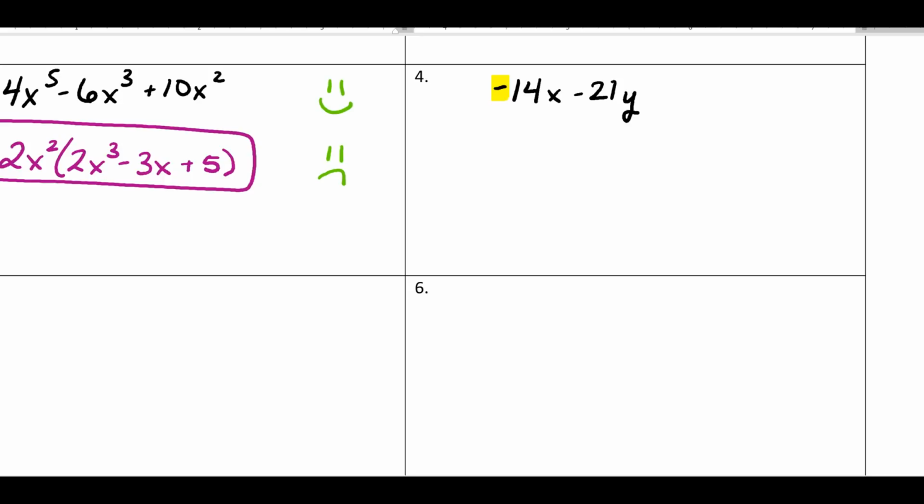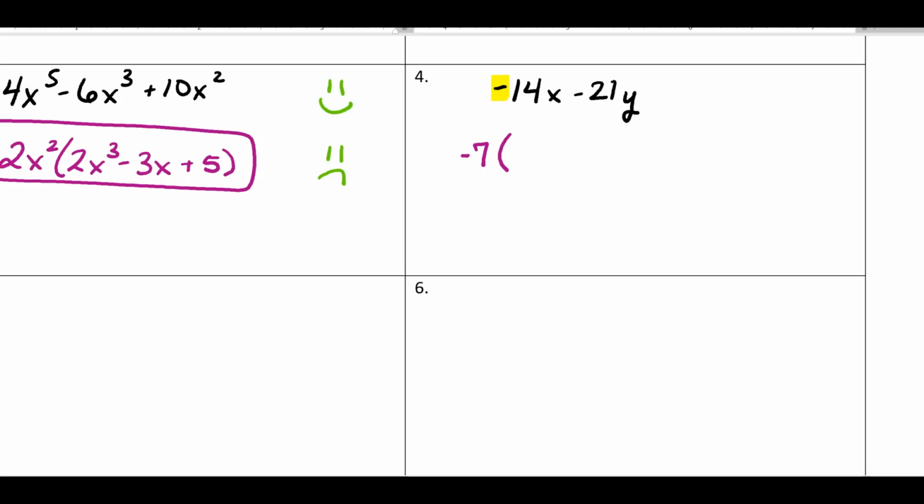So to do that, we just simply remove the negative. Before we do that, however, we need to figure out what else they have in common. 14 and 21 both have a 7 in common. So when I factor out the 7, I'm going to tag on a negative. What's left when I take out that negative 7?